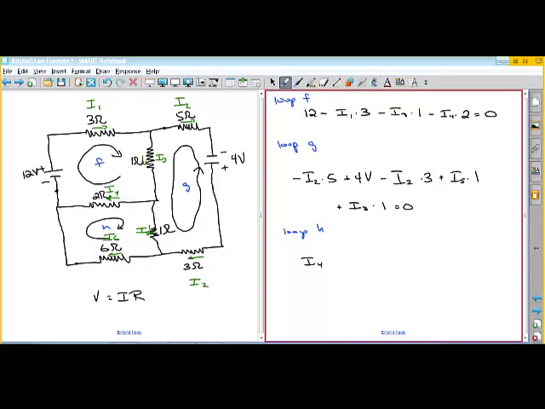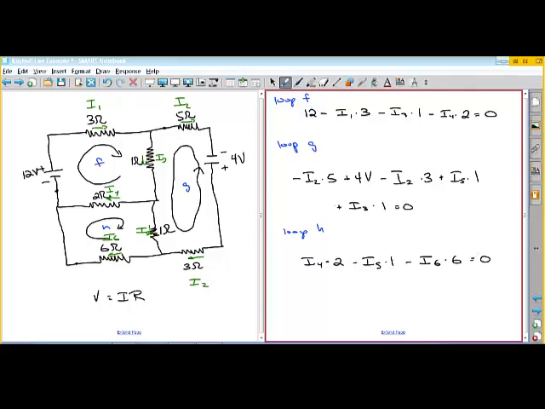From right to left, we would decrease the voltage. So it's I4 times 2. Okay, come down here. We're going in the same direction as the current. So we have minus I5 times 1. And then we come over here. We're going in the same direction as the assumed current, so it's negative I6 times 6. That equals 0.